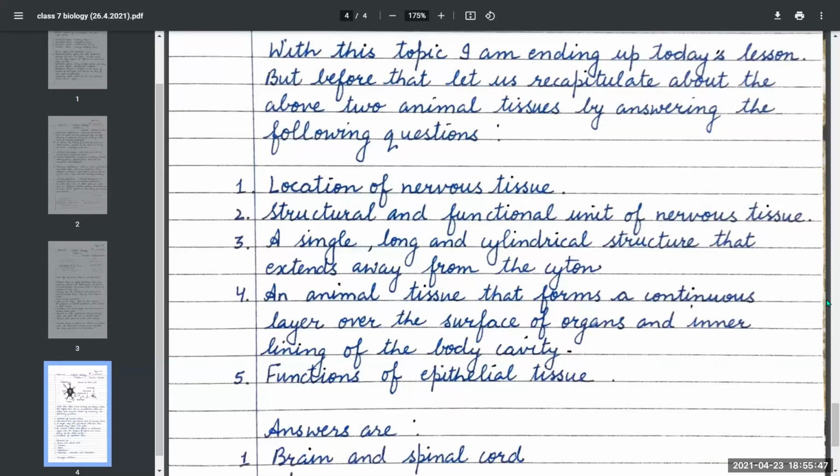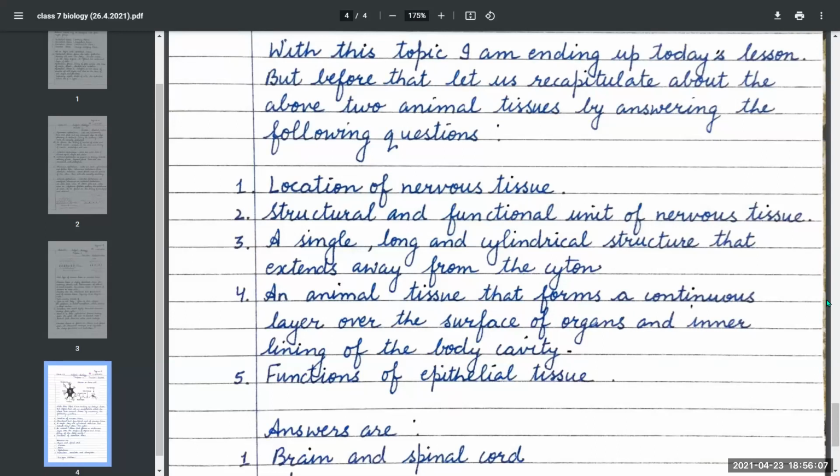But before that, let us recapitulate about the above two animal tissues, that is epithelial tissue and nervous tissue, by answering the following questions.